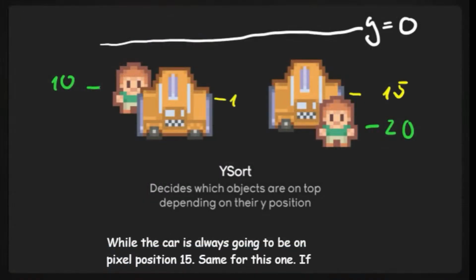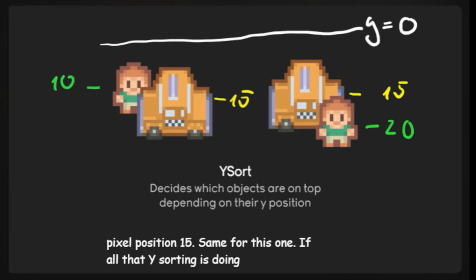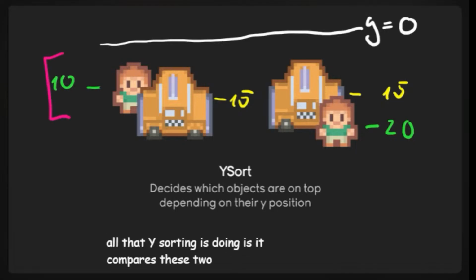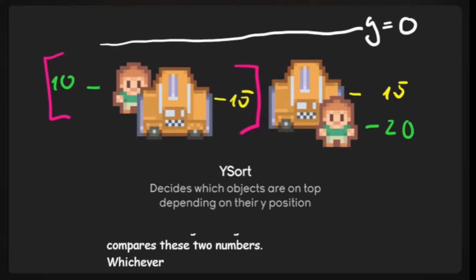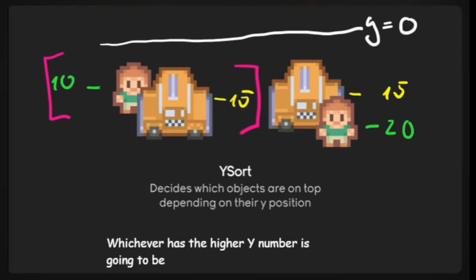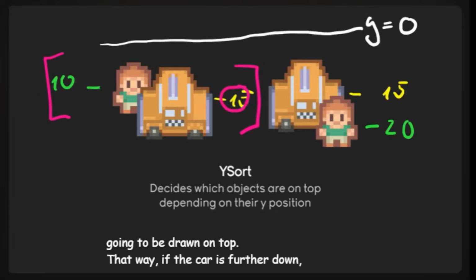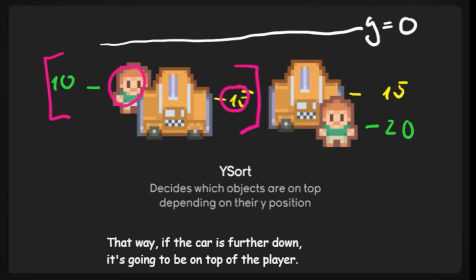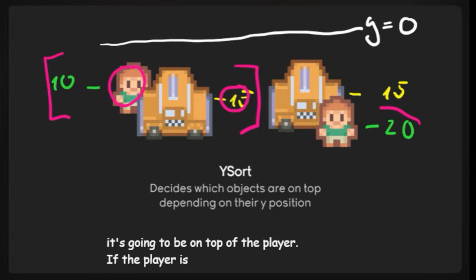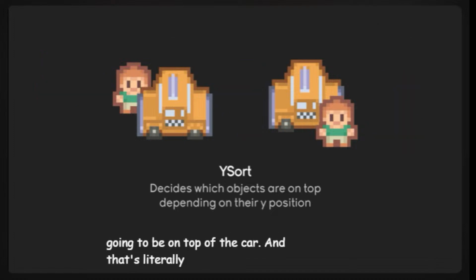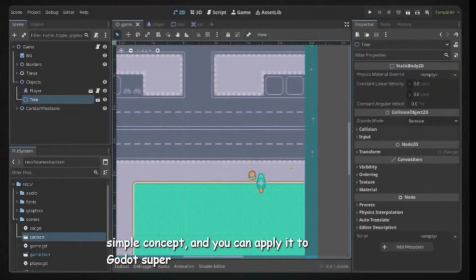Same for this one. All that Y sorting is doing is it compares these two numbers. Whichever has the higher Y number is going to be drawn on top. That way, if the car is further down, it's going to be on top of the player. If the player is further down, it's going to be on top of the car. And that's literally it. It's a really simple concept, and you can apply it to Godot super easily.